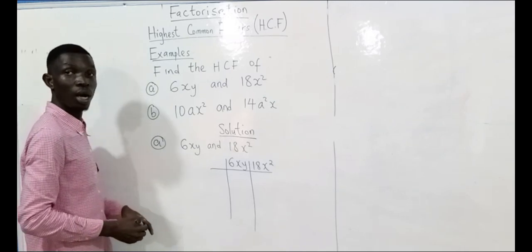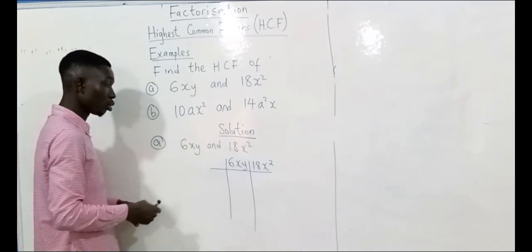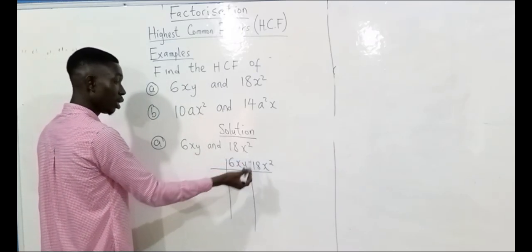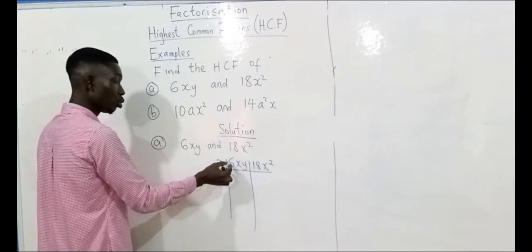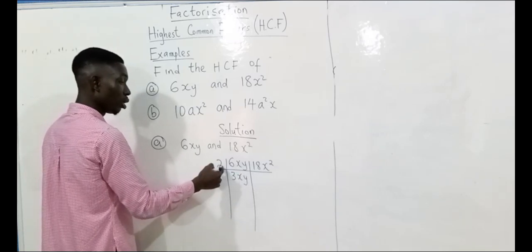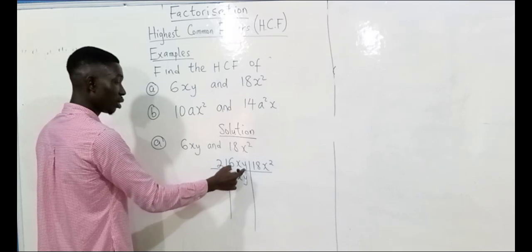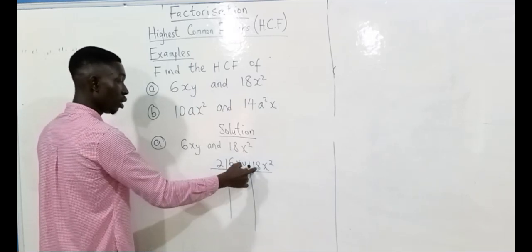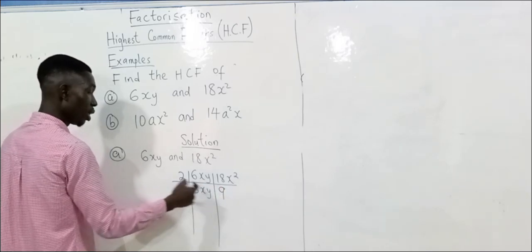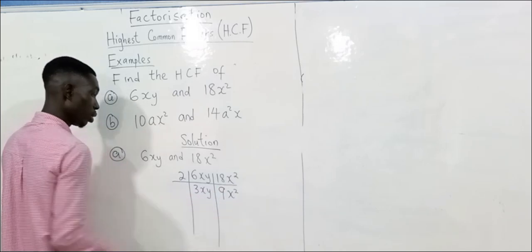So we use our prime factorization method to get this done. What can go into 6 and 18? We know 2. 6 divided by 2 is 3, and then we have xy. 18 divided by 2 is 9, and then we have x squared.